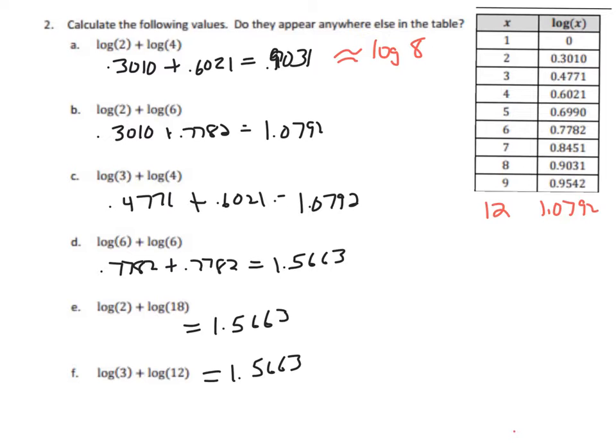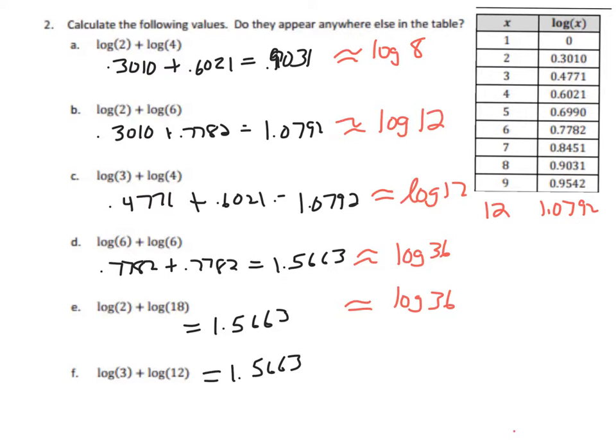So this is approximately the same thing as log of 12. This one also turns out to be log of 12. Then the next three all turn out to be the same thing as the log of 36. So this is a log of 36 and log of 36.